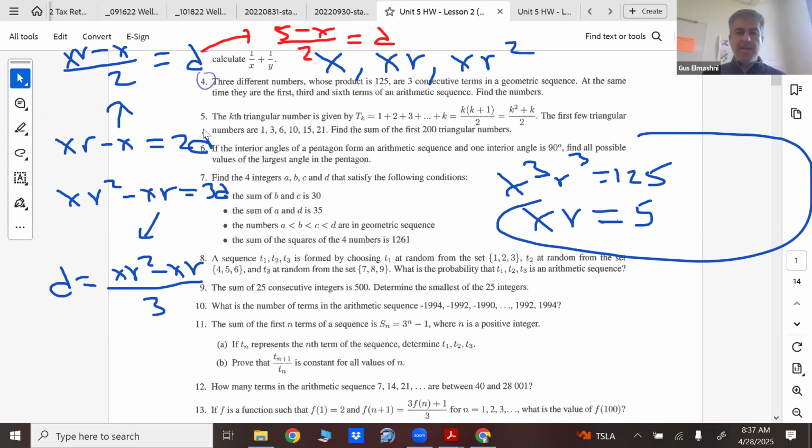And can I also say d equals xr squared minus 5 over 3? Actually, 5 times r, because xr squared is xr times r. So I'd agree with you. Yep.